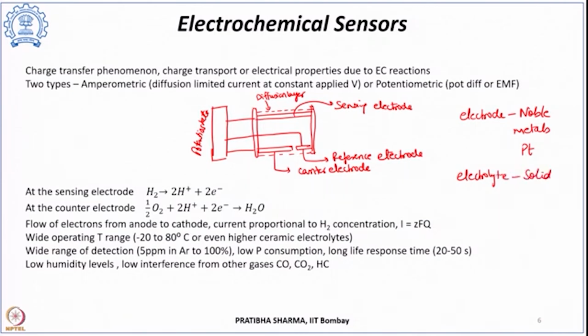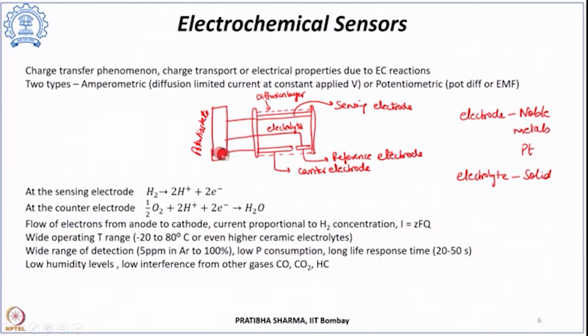Generally the solid electrolyte between the two electrodes is Nafion. This diffusion layer prevents the electrolyte from drying, and it prevents any sort of leakage from the cell. At the same time it prevents the diffusion of unnecessary gases into the electrolyte.